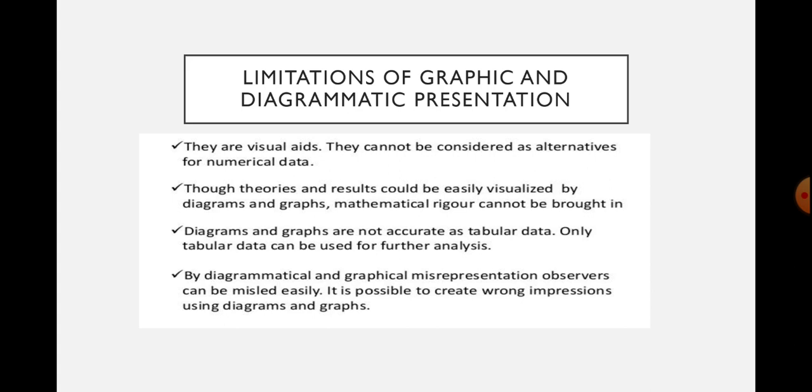They do not provide us the reference with which the information is related. That's why they may provide us wrong conclusions also. So, while presenting the data in terms of diagrams or graphs, the reader should keep all these limitations in mind, because diagrams and graphs can provide us misleading information.